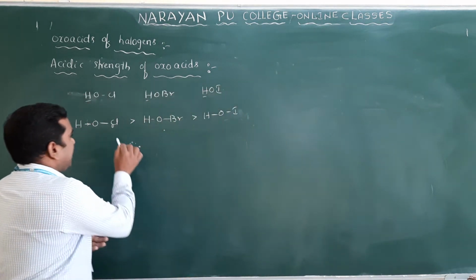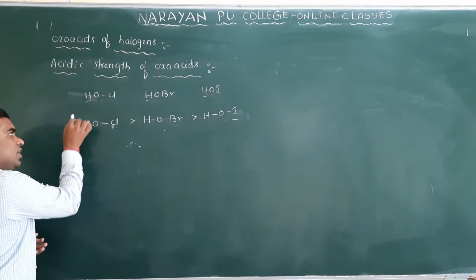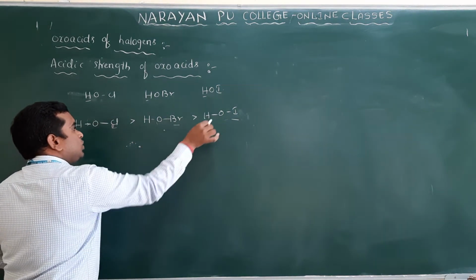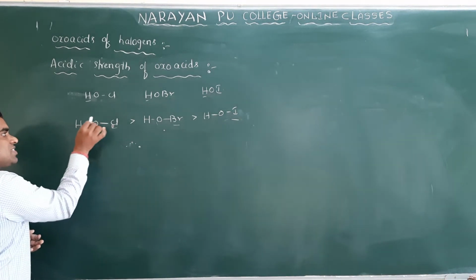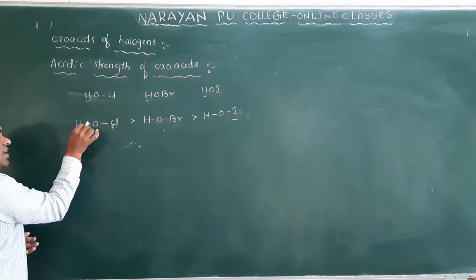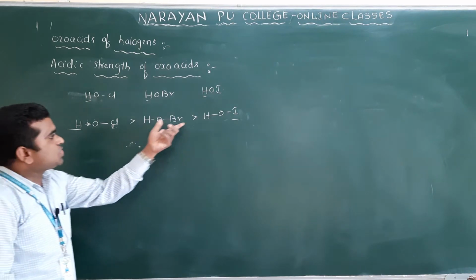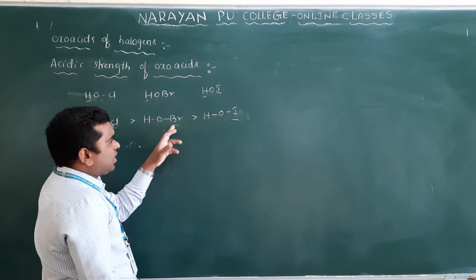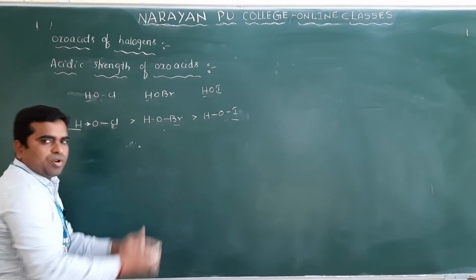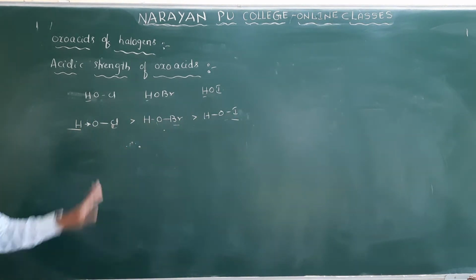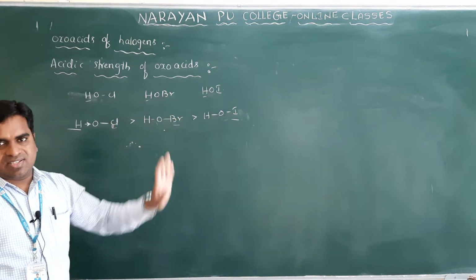Comparing chlorine, bromine and iodine, chlorine is more electronegative, so the electron density on the oxygen is somewhat less, and it releases H plus ions. After chlorine, bromine is more electronegative, so HOBr is more acidic than HOI. Clear? So this is about the acidic order of hypohalous acids.